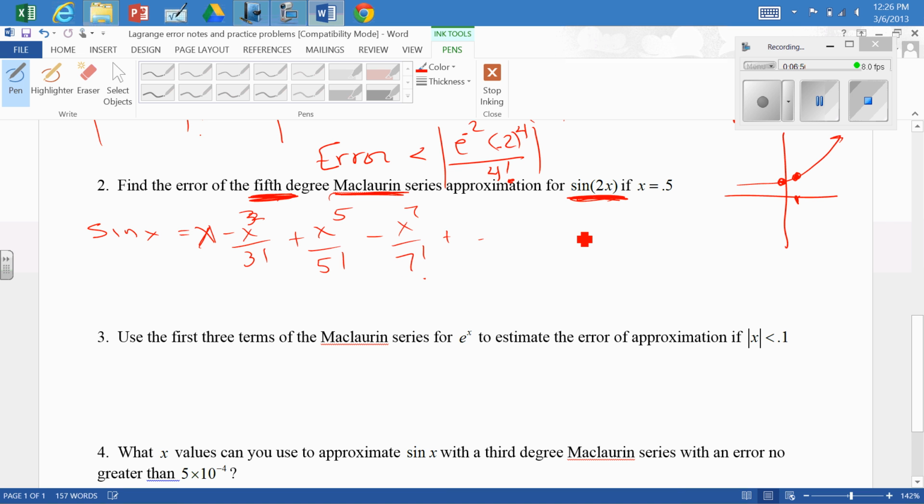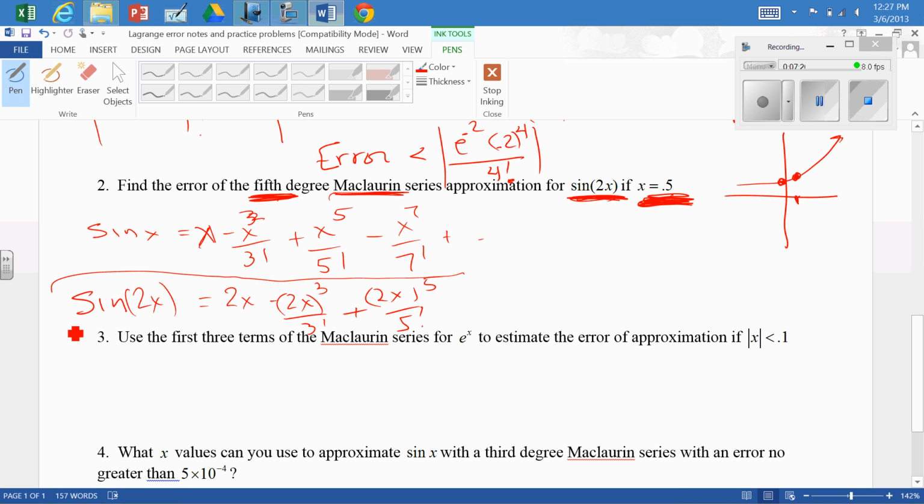And we could keep going. This is alternating, so instead of using Lagrange error bound, which I think is a little confusing, we're just going to use our alternating series rule, where we're just going to do sine 2x, and we're going to go to the next term. So we'd have 2x minus 2x cubed over 3 factorial plus 2x to the 5th over 5 factorial.